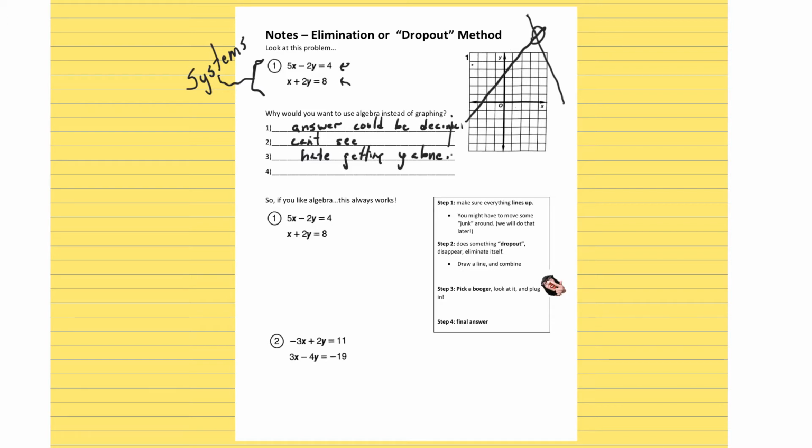This method we're going to use now is called the dropout or the elimination method. Most geeks use the word elimination. We like the word dropout just because it makes a lot more sense. And what we're looking at when we see these two problems at the same time is this concept. In order to make a 5 drop out, we simply have to do a -5, because of course that makes 0, or they just drop out.